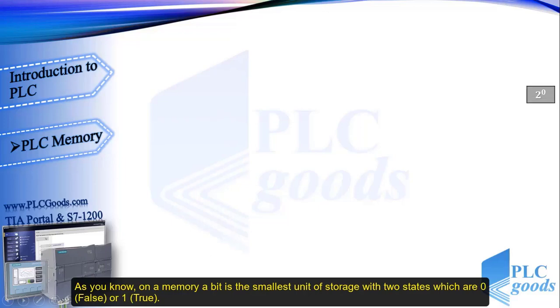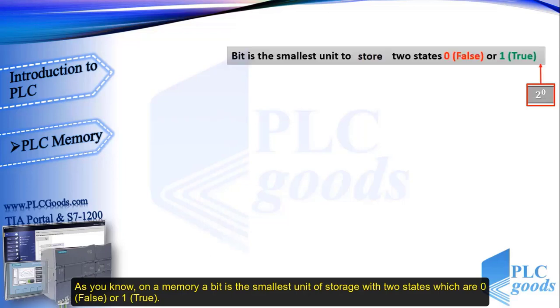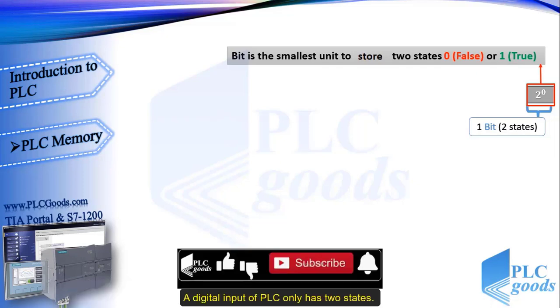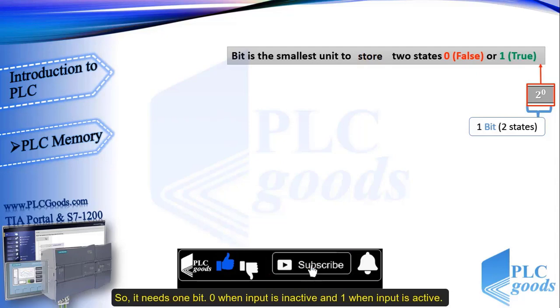As you know, in a memory, a bit is the smallest unit of storage with two states, which are 0 or false, or 1 or true. A digital input of a PLC only has two states, so it needs 1 bit: 0 when the input is inactive and 1 when the input is active.